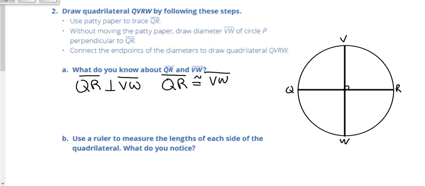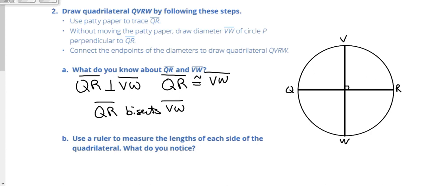We know that QR bisects VW because of the fact that they are all radii out of the center. So whatever you want to call the center point, that center to Q, center to V, center to R, center to W are all radii. So therefore they bisect each other.